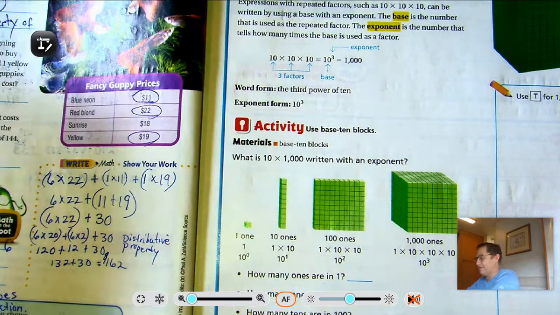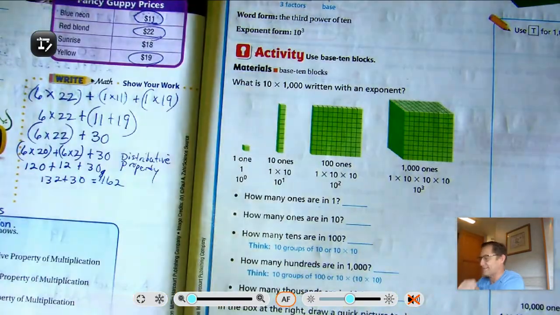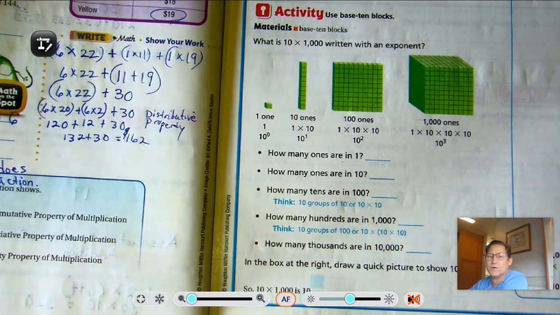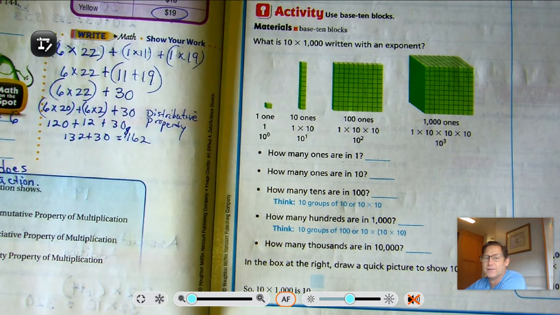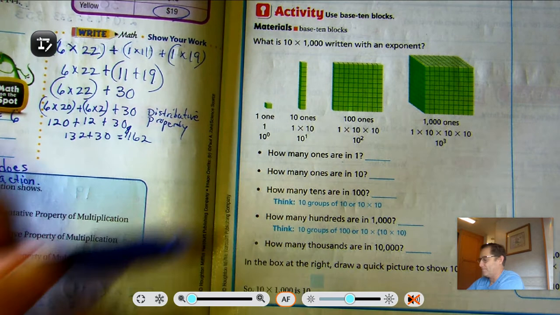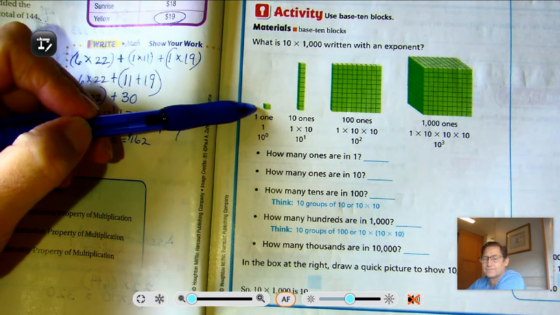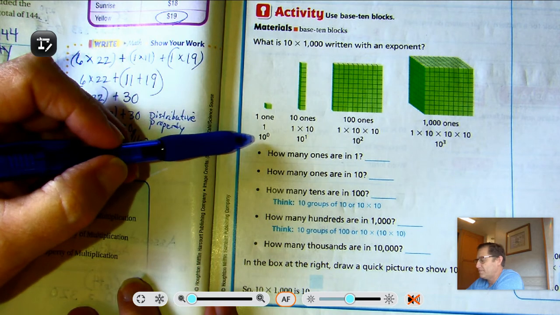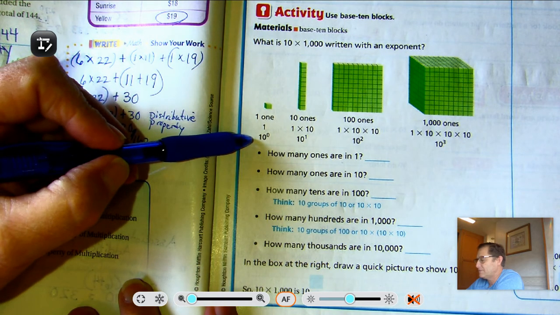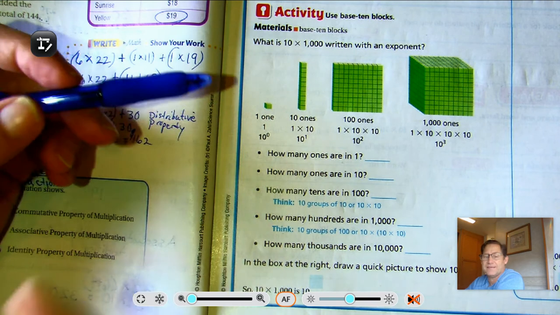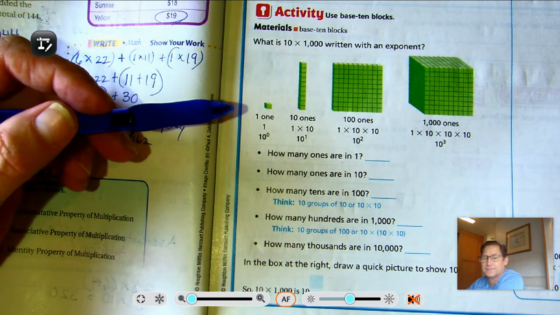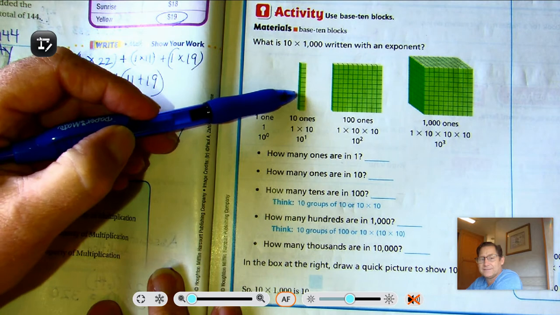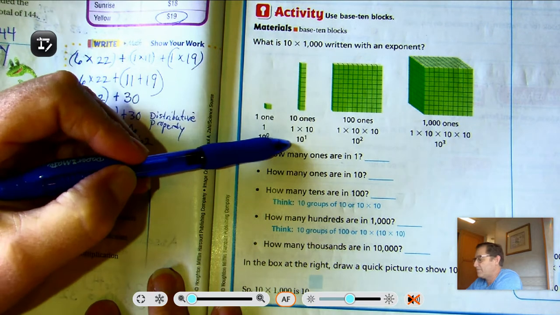So now in the activity, we can use base 10 blocks to show this concept. So what is 10 times 1,000 written with an exponent? Well, let's break that down. If we only have 1, that has a value of 0, the 0 power of 10. 0 power of 10 is just 1. If we have 10 ones, we'd have the first power of 10.